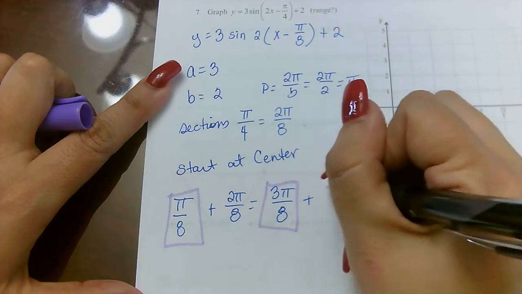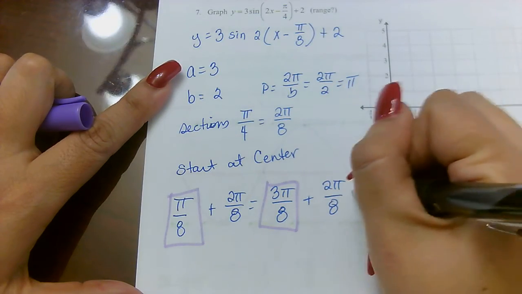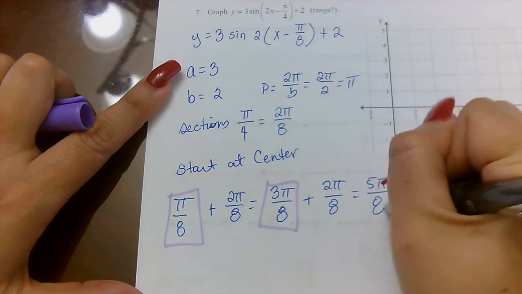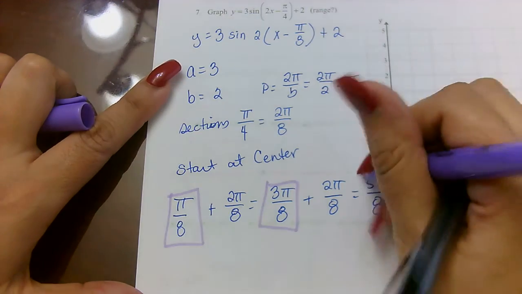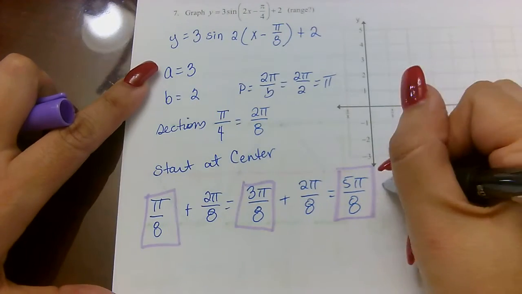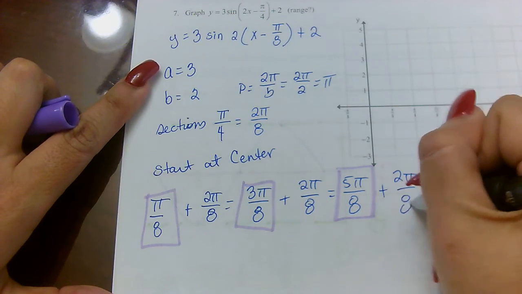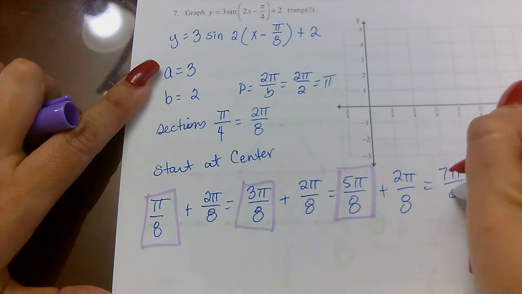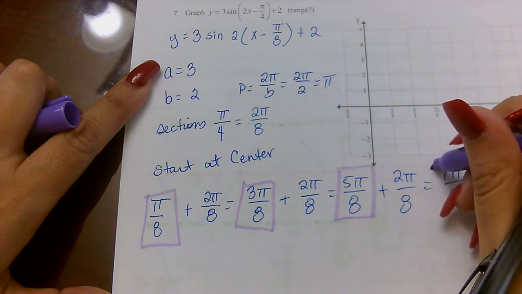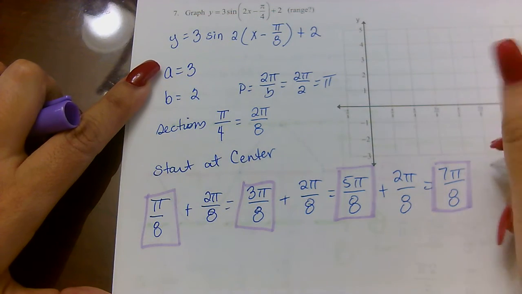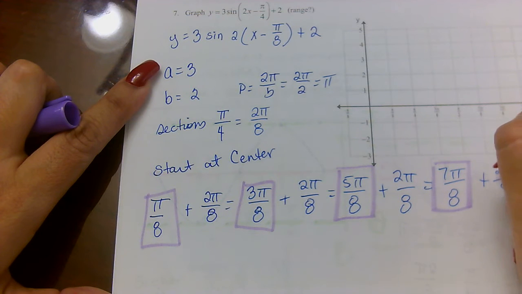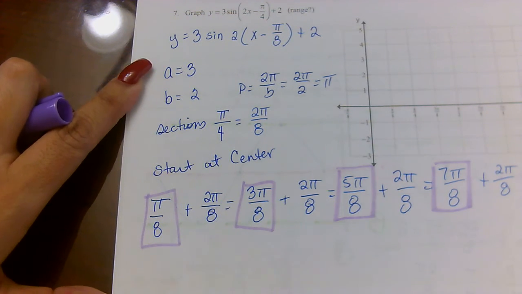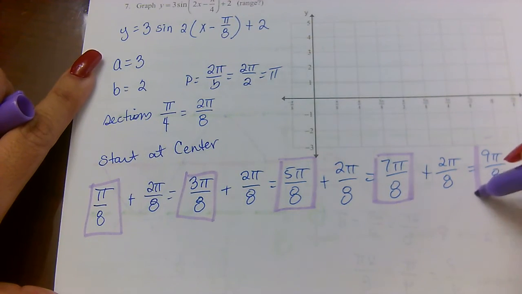Plus 2 pi over 8, we get 5 pi over 8. Plus 2 pi over 8, we got 7 pi over 8. Plus 2 pi over 8, 9 pi over 8. It's the exact same thing.